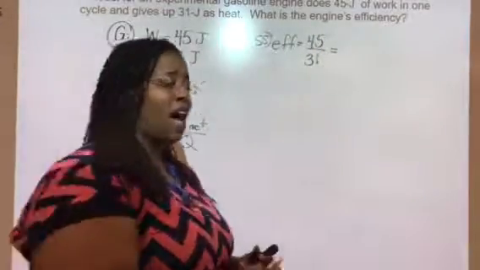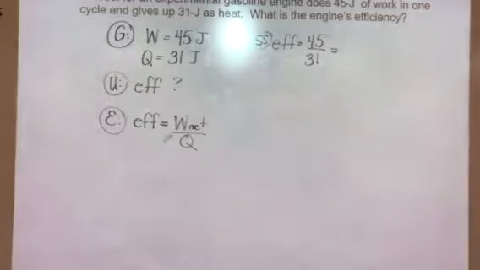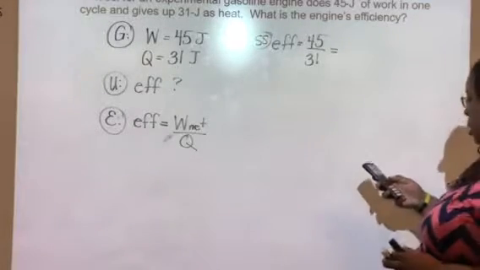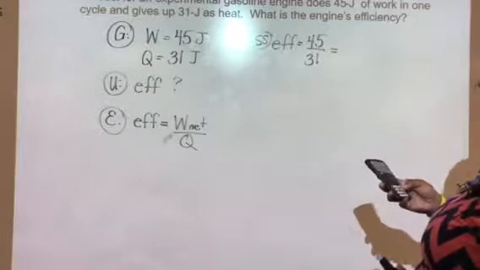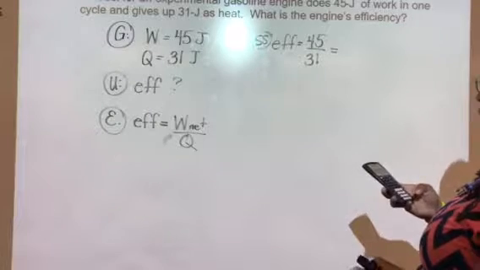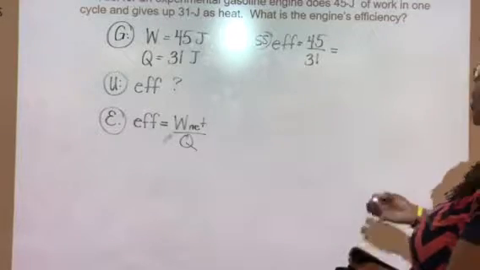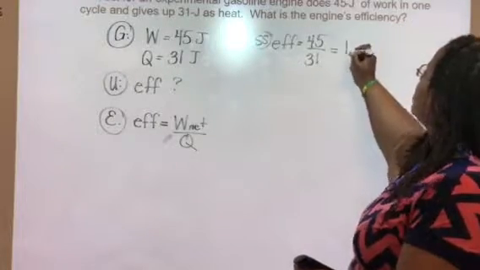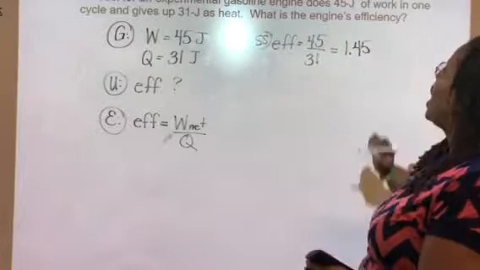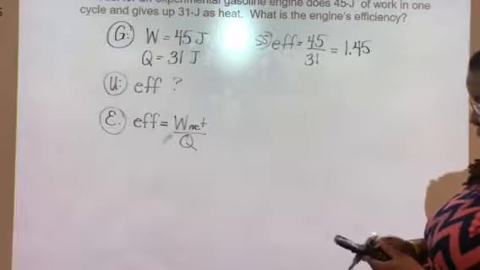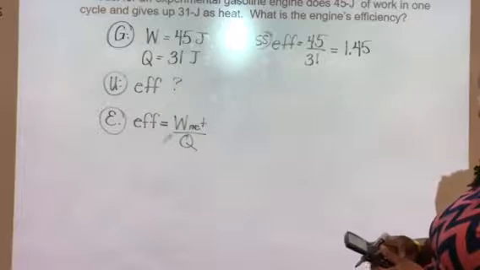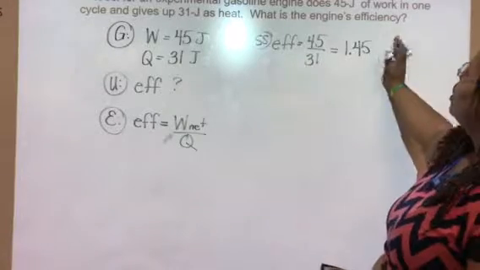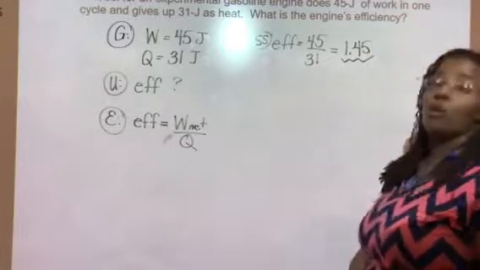Let me grab a calculator. If we take a look, 45 divided by 31 will give me 1.45. I can leave it here, or I can take it one step further, and we're looking at 1.45.